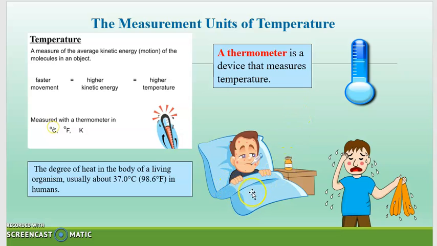Sometimes when you don't feel well, you use a thermometer to measure your body temperature. For humans, the normal temperature is usually 37 Celsius or 98.6 Fahrenheit.